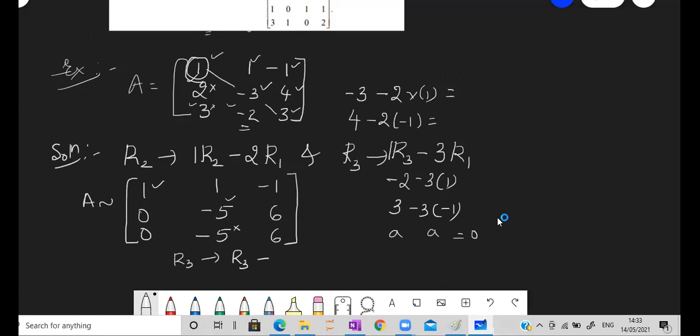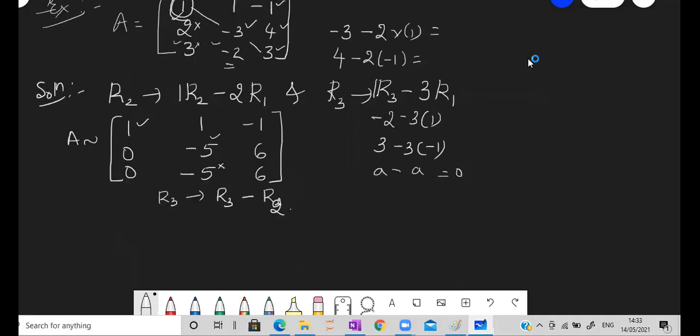Subtracting, obviously. So I just write the operation as R3 minus R2. Always reduce an element to 0 with the help of the corresponding diagonal element only. Remember this point.